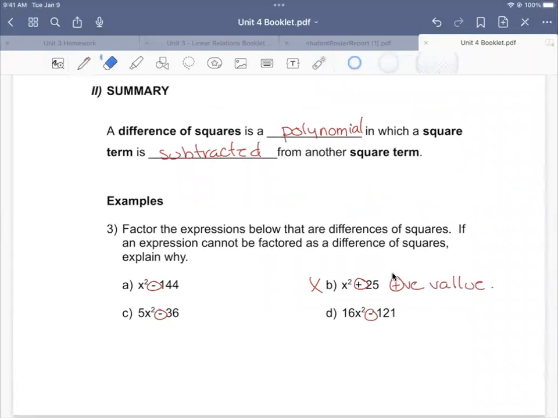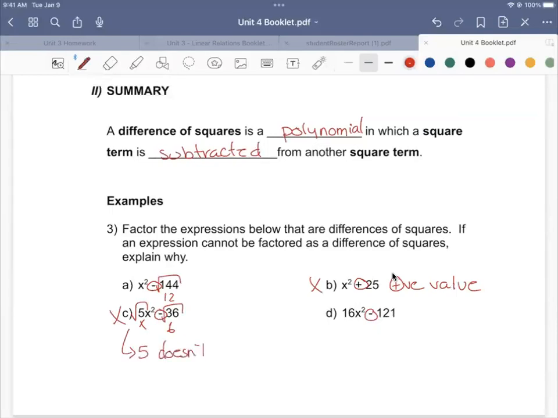That is not how you spell value. If I take a look at this one, that easily square roots to 12. That easily square roots to 6. That does not square root. So this one does not. This 5 doesn't easily square root.